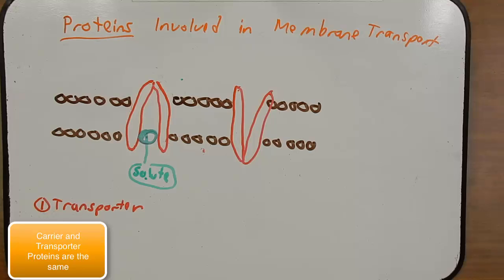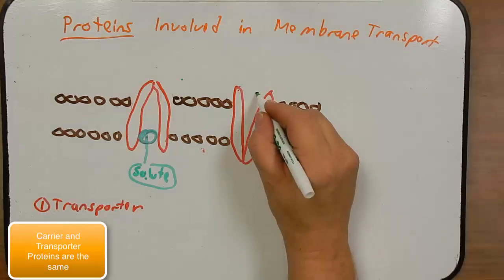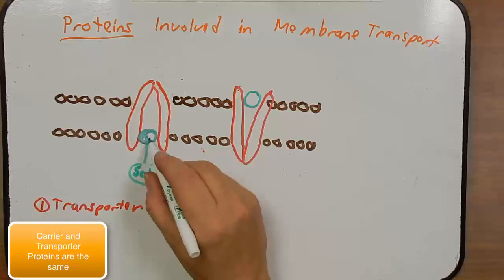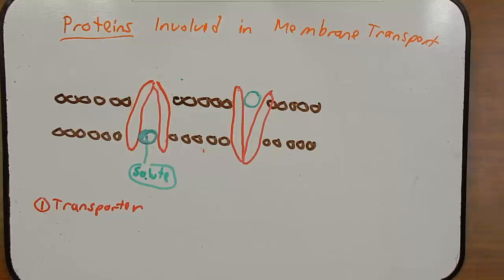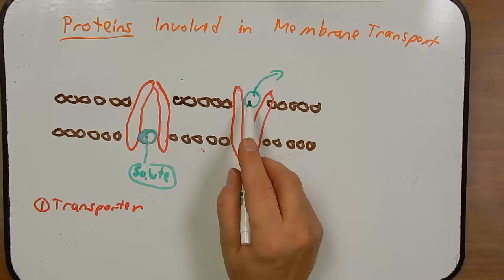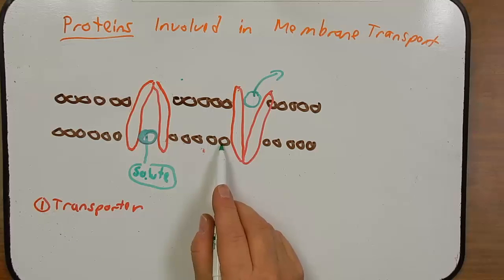And now that solute that was on this side here will now move towards this side because of that conformational change of these proteins that forces it across the other side. In doing so, you can see how this solute never had to touch this membrane.